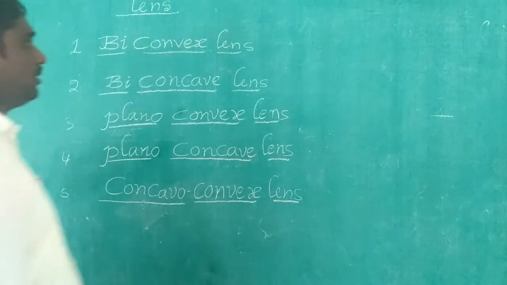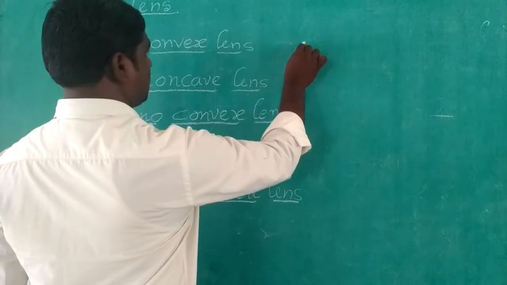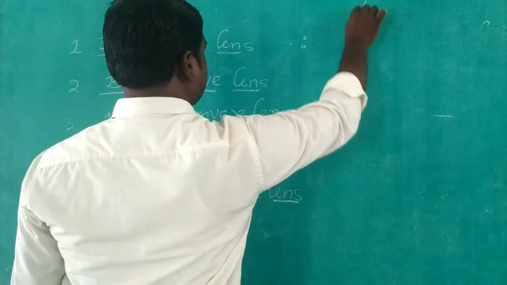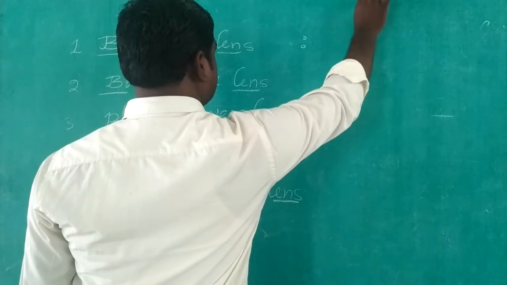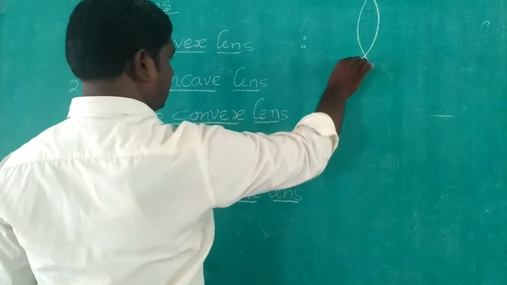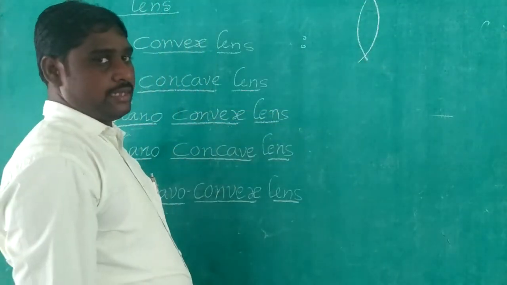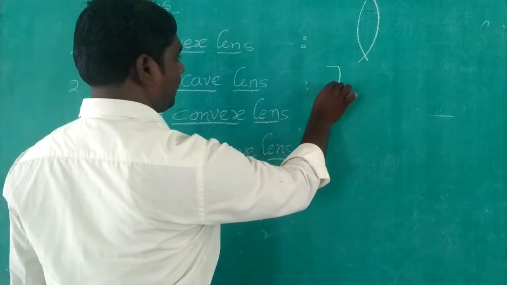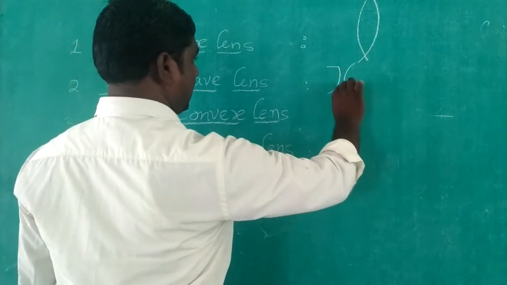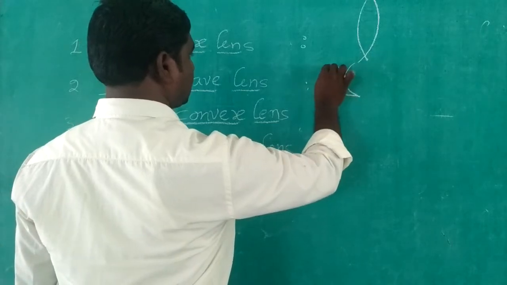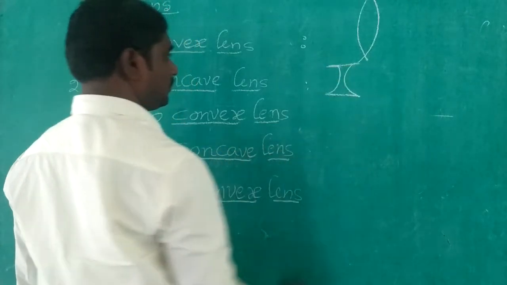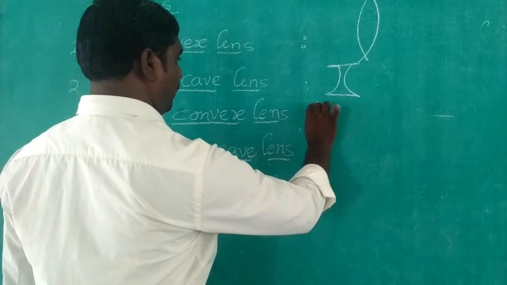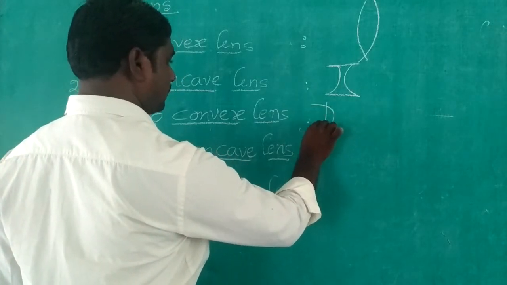Okay, students. Next, look at the structures. This is a convex lens. Next, this is a concave lens. This is a plano convex lens.